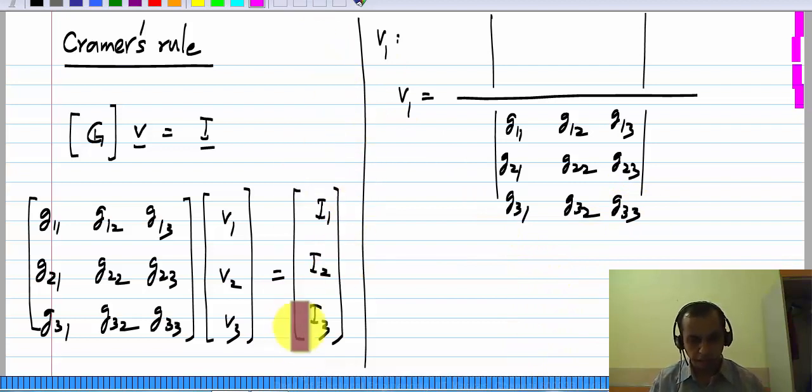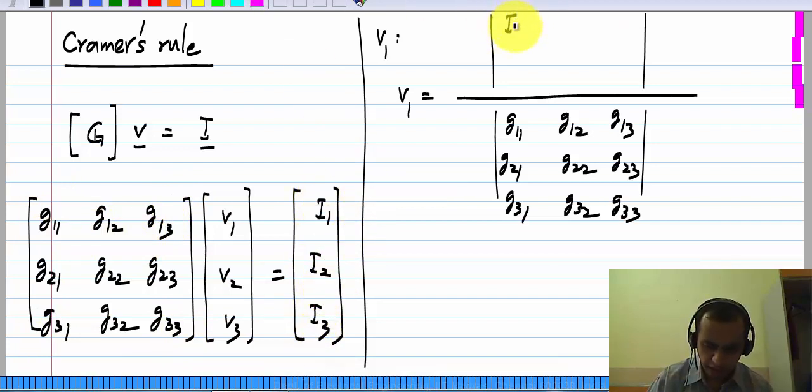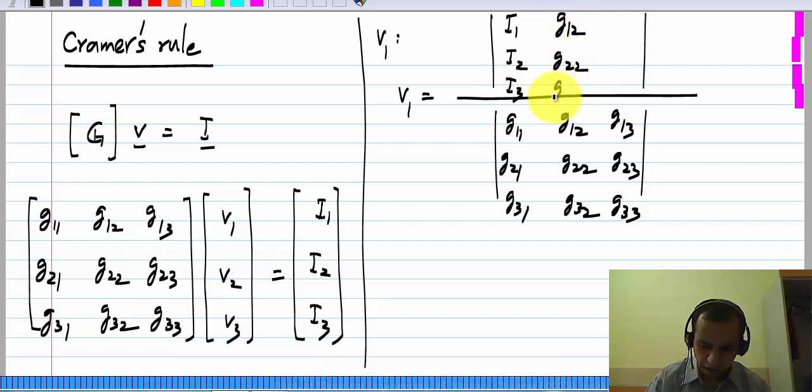And in the numerator, that matrix is basically this G matrix, but with one of the columns replaced by the right hand side. In this case, we want V1, so the first column is replaced by the right hand side vector, and the remaining two are the same as before.